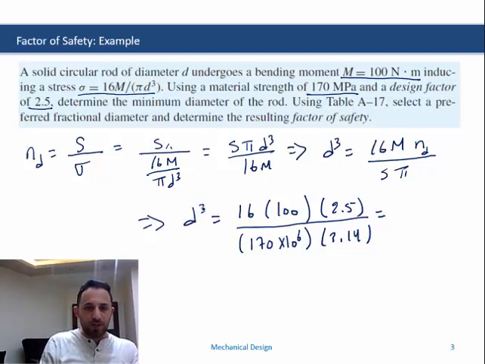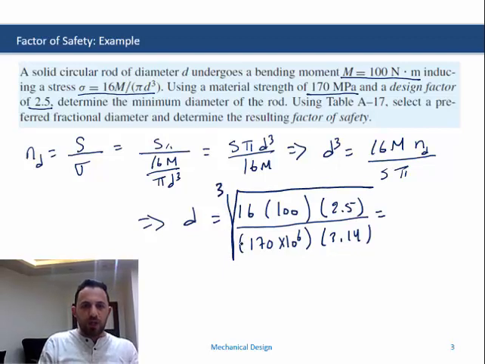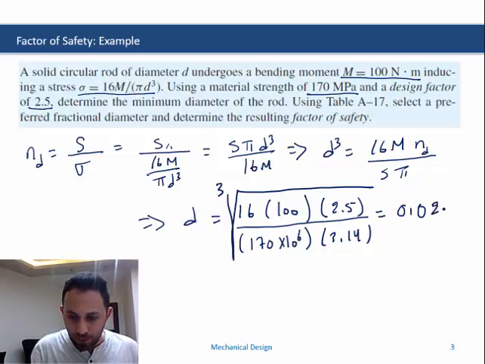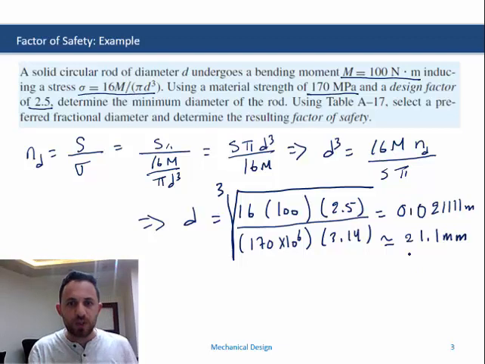We can get this power 3 into a radical, the cube root. If we calculate this diameter, the value will be equal to 0.02811 meter, which is approximately 21.1 millimeter. So this is the recommended diameter based on this design factor.